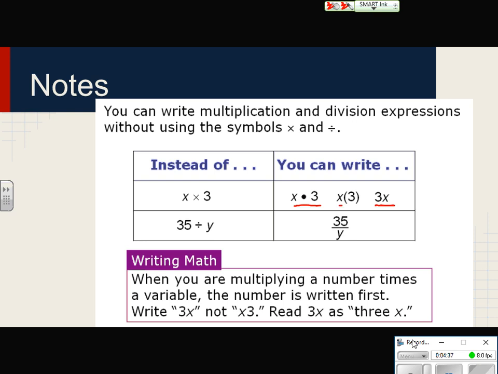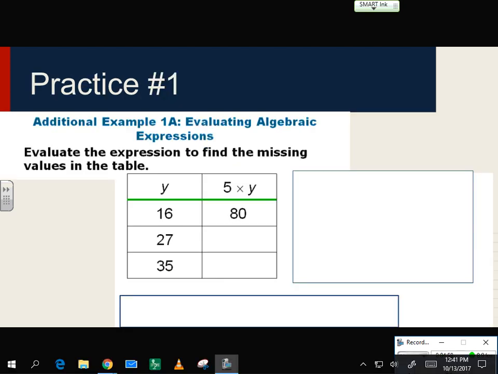We had something similar to this for the warm-up. You're going to see those as well. For division, you're going to see them mostly written like fractions. That's a very common thing. So just be aware of those things. You don't actually have to write them down. Just know that you're going to be seeing math written like this basically the rest of your career. All right, so I have two practice problems I'm going to go over with you.